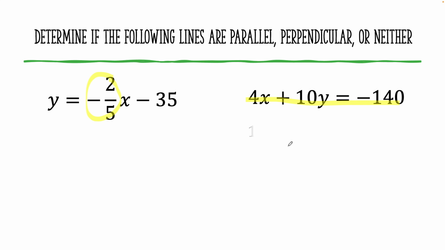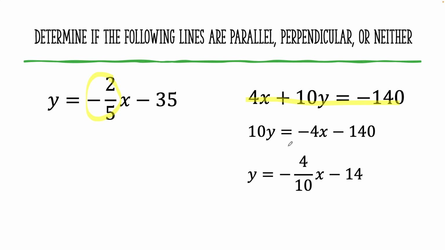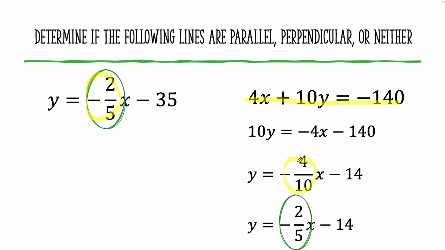So let's see, I'm going to subtract 4x from both sides, then divide everything by 10. I get y equals -4/10 x minus 14. And then let's reduce that fraction, and you get y equals -2/5 x minus 14. And now we can compare. -2/5, -2/5, that's the same, so those lines are parallel.